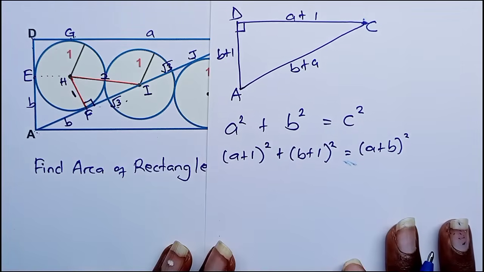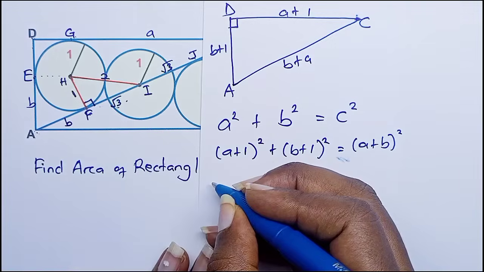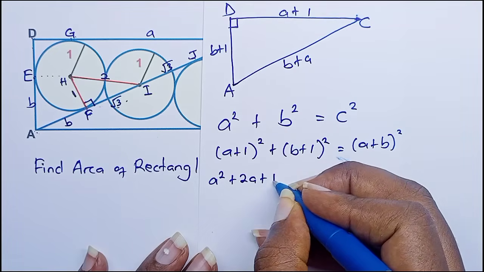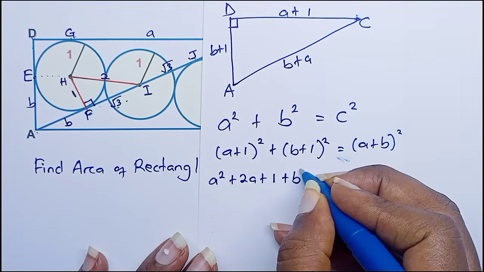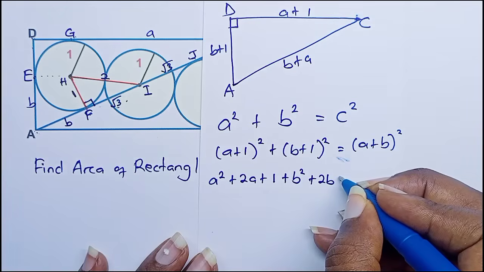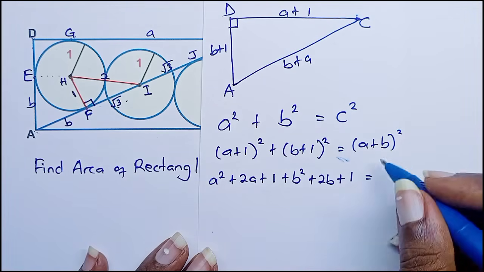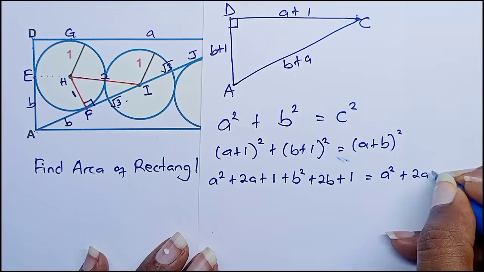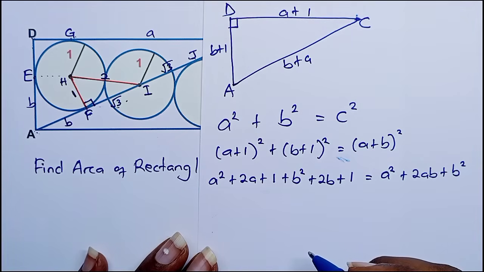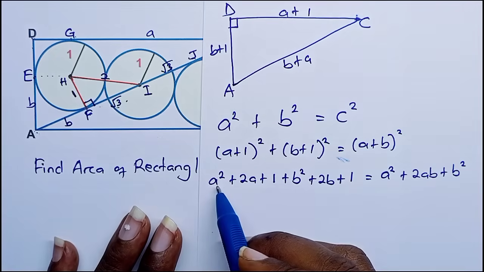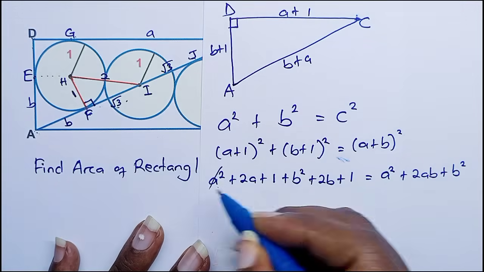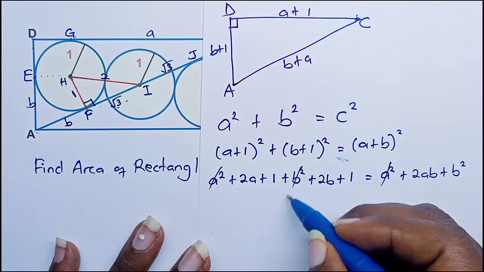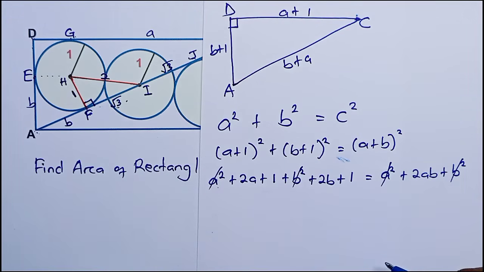So when we expand this here, we shall have A squared plus 2A plus 1, then this one we shall have plus B squared plus 2B plus 1 is equal to, then this here will be A squared plus 2AB plus B squared. As you can see, we have A squared here, A squared, they cancel out, and also B squared, they cancel out.